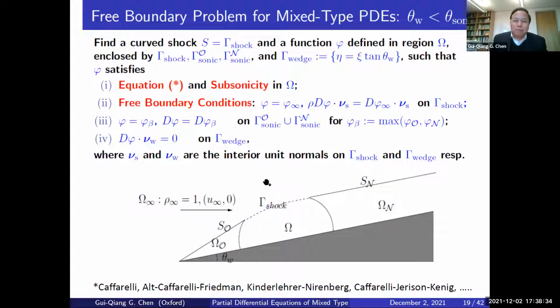It turns out this problem could not be formulated as a variational problem. Also, this free boundary is nonlinear. So we have to develop new techniques to solve this free boundary problem with new features.